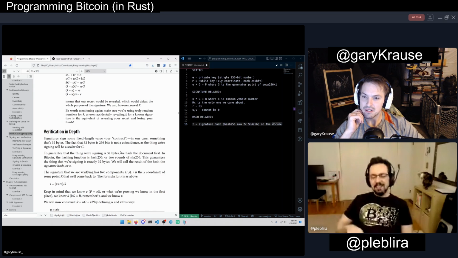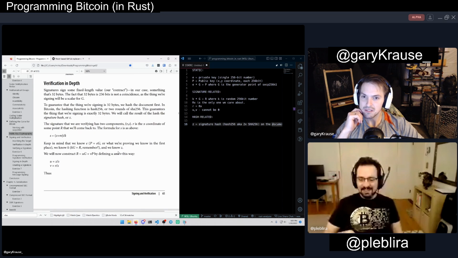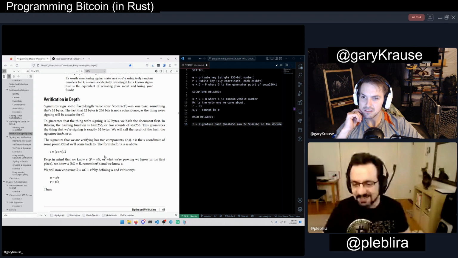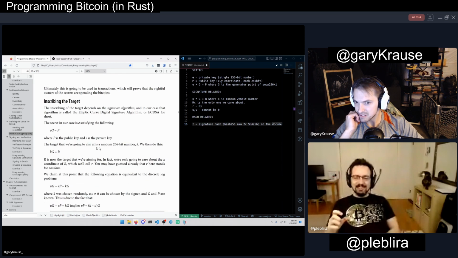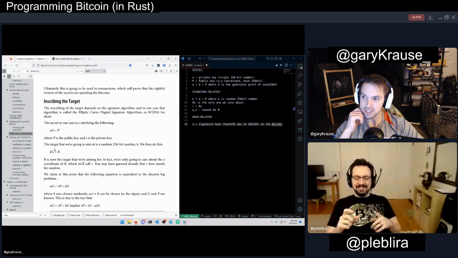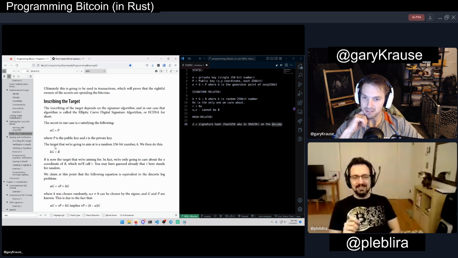So then we use K to scalar. One last time, go back to 63. So we're multiplying the generator point by K. We're just going to use scalar multiplication, and we're going to get a random number, but it's on the curve because we're using scalar multiplication.